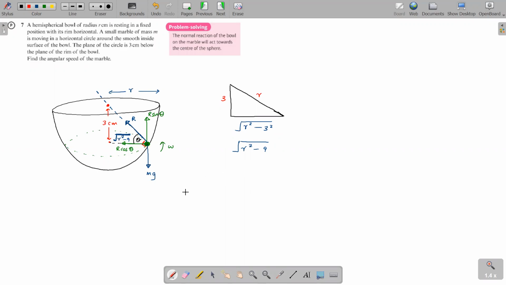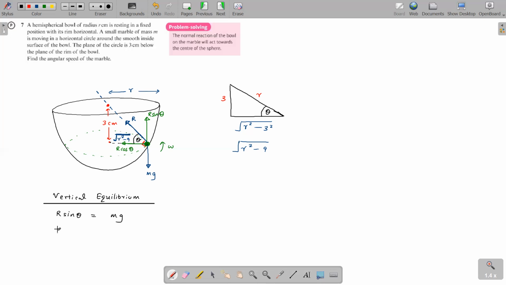So let's consider vertical equilibrium. When we consider vertical equilibrium, what do we get? R sine theta is equal to mg, isn't it? I think this was our theta, right? So R sine theta is equal to mg.